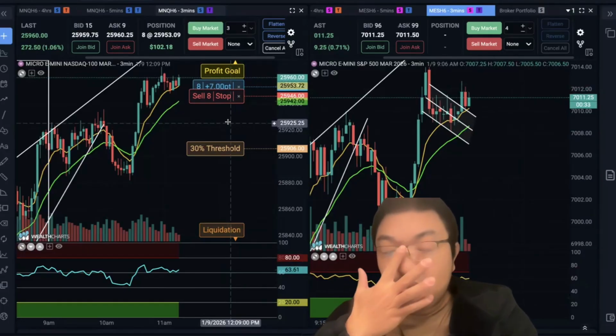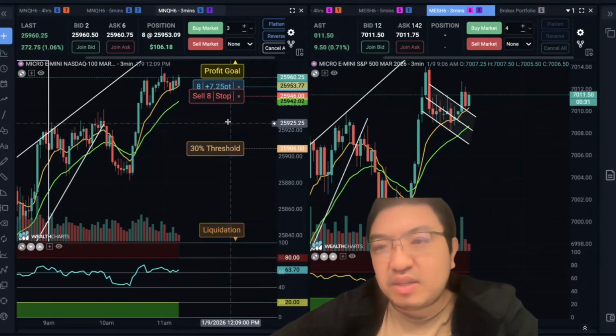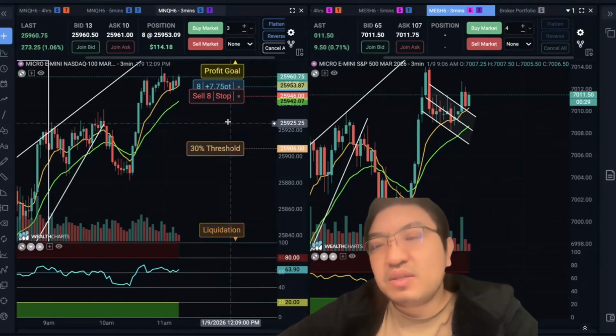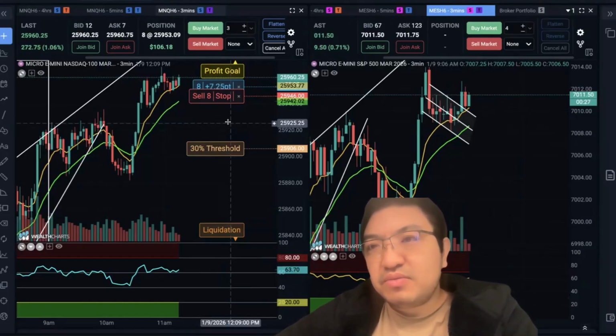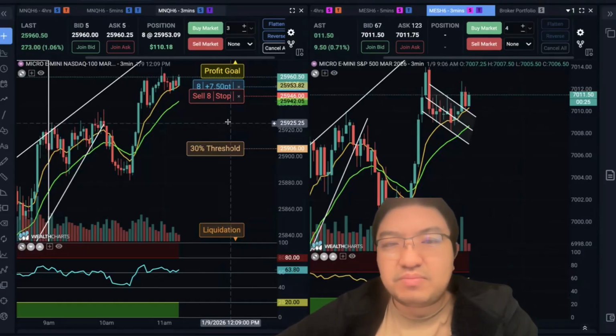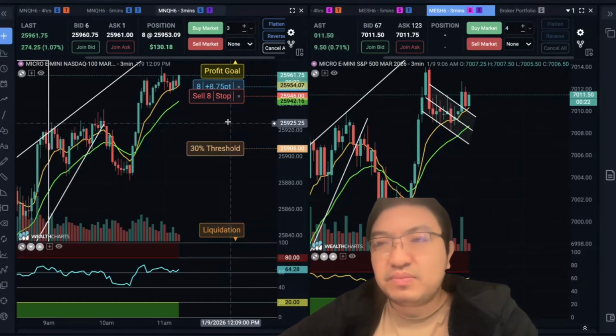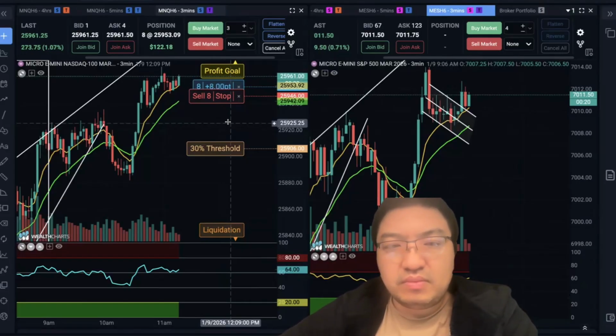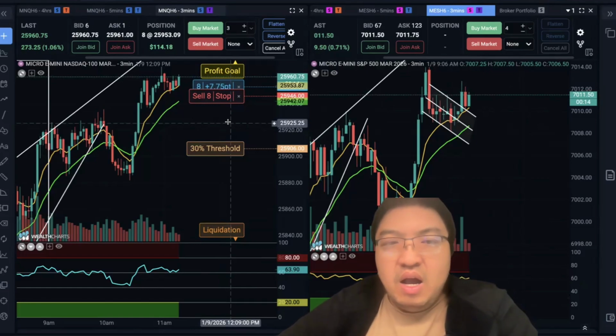Let's wait for the completion of this candle. 3 minutes not as stable, but 5 minutes. Look at ES. 5 minutes, 3 more minutes. For 3 minutes, it looks like it already engulfed the sideway area.